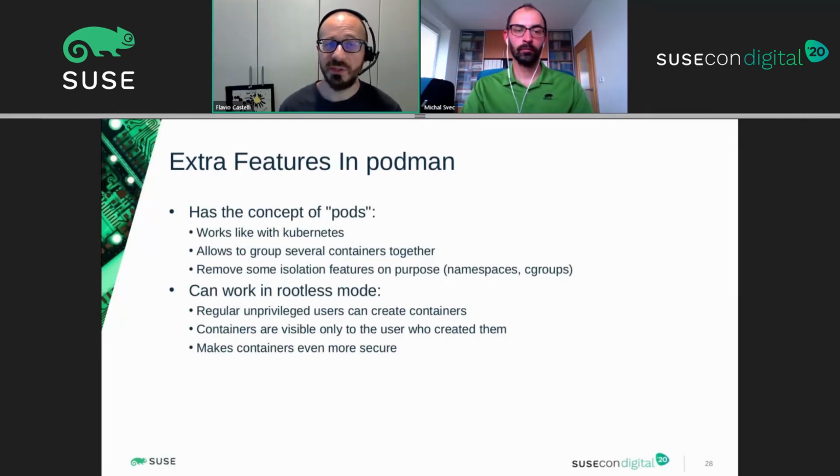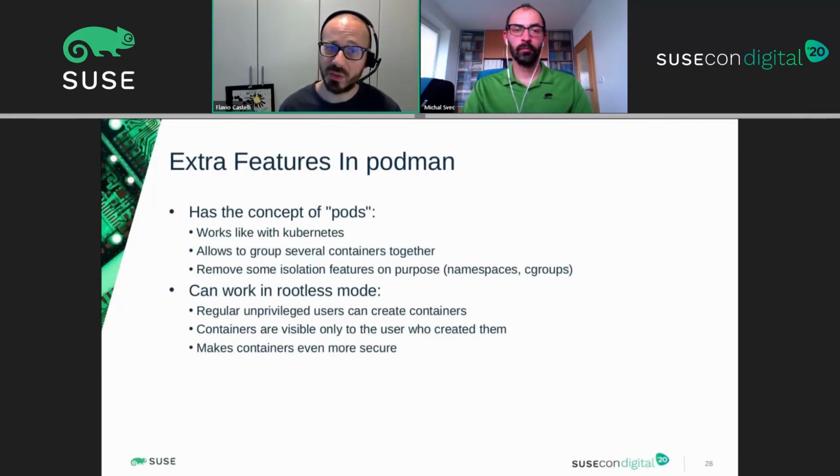There is also another interesting feature provided by Podman, which is the ability to run containers in rootless mode. So as I said before, there is no daemon running. There is no need to add users to a certain user group. With Podman, you can also start containers and operate containers as a non-privileged user.